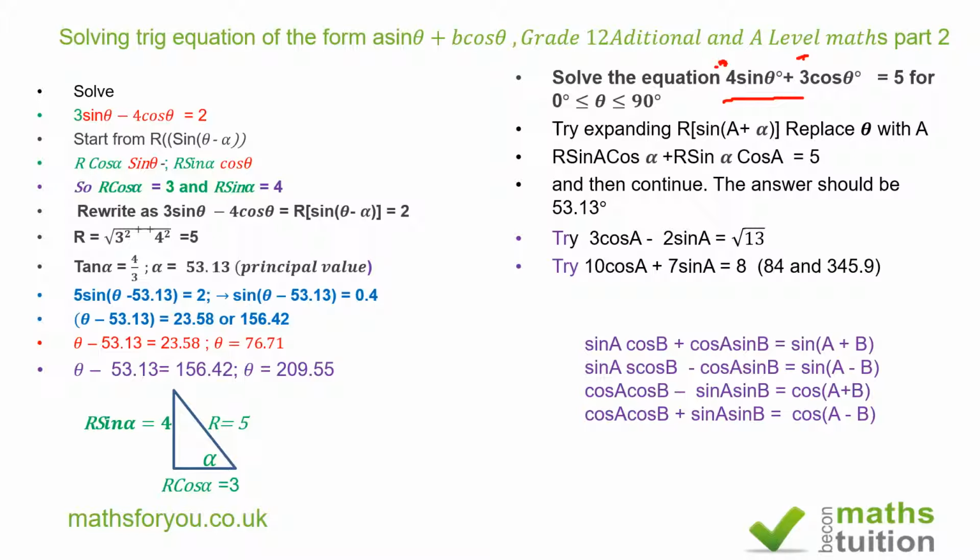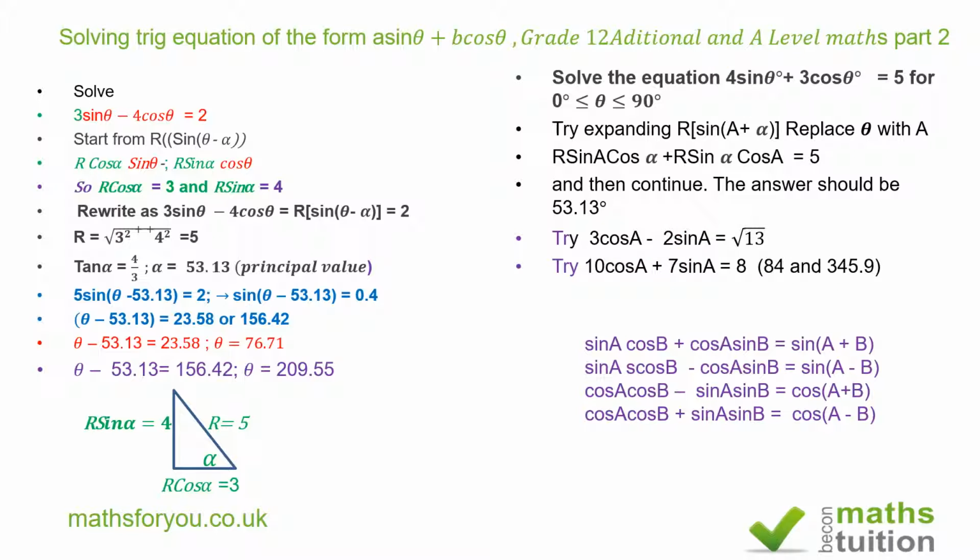In this case here, the value of R will be the square root of 4 squared and 3 squared, which will be 5. In this case here, the tangent of alpha is going to be 2 divided by 3. And R is going to be the square root of 2 squared and 3 squared.